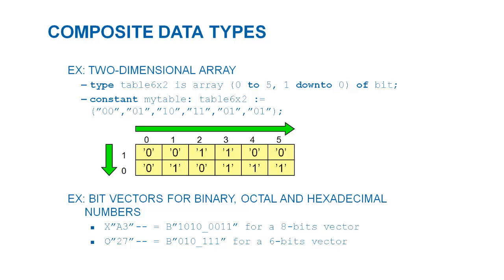Another example of bit vector for binary or for octal or for hexadecimal is given below.